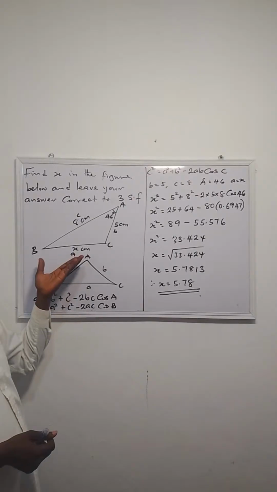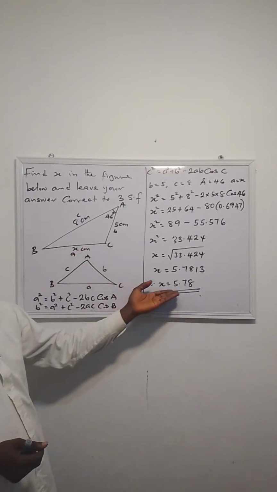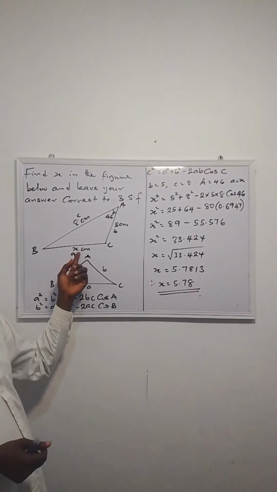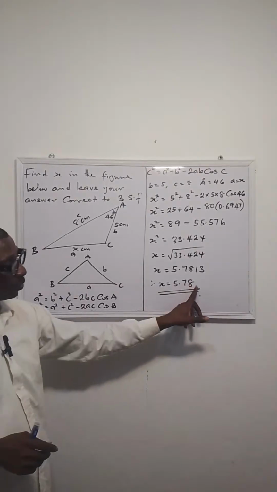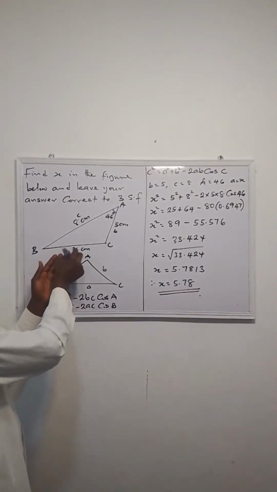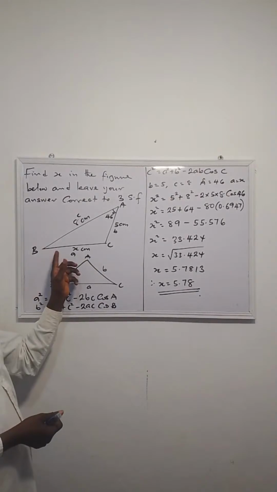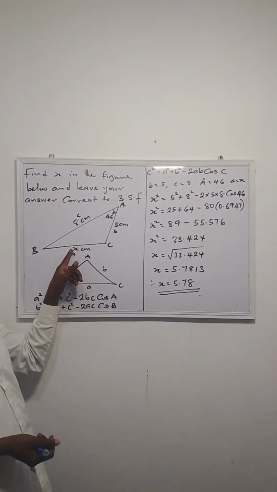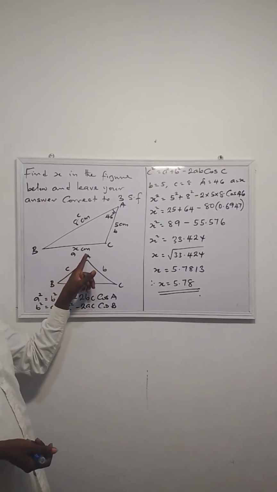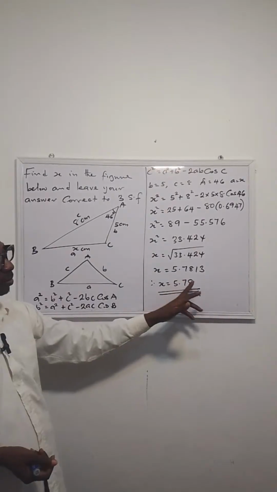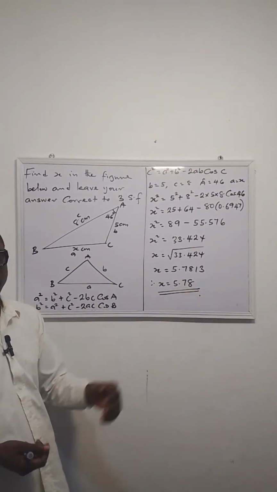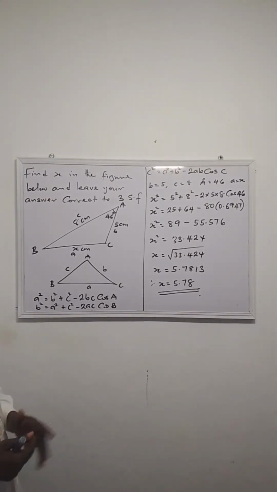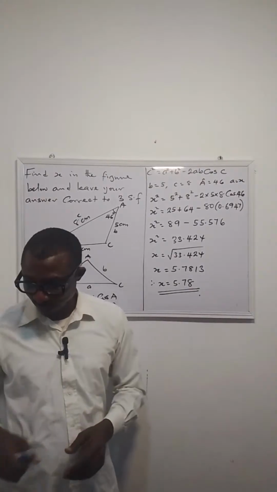So you are expected to have your answer without centimeter, in such a way that when you input this into this diagram, it will just fit in. If you put a centimeter here, we are having 2 centimeters, meaning this side is going to be centimeter square, and that will be wrong. So by the time you start solving, there will not be units here. So this is going to be the correct answer. So x equals 5.78. Okay, so that is the answer to the problem.